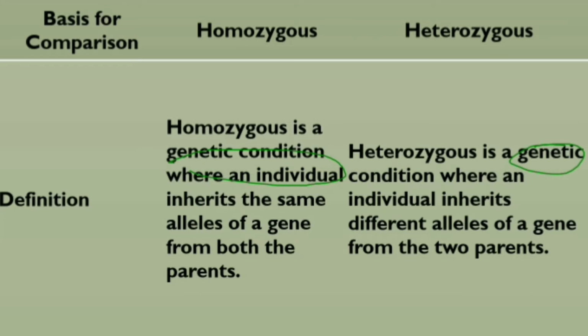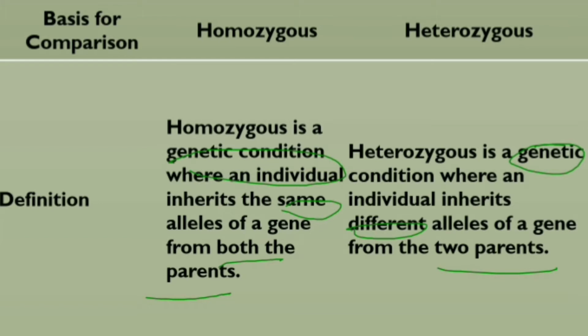In the case of homozygous, an individual inherits the same allele of a gene from both the parents. Whereas in the case of heterozygous, an individual inherits different alleles of a gene from the two parents.